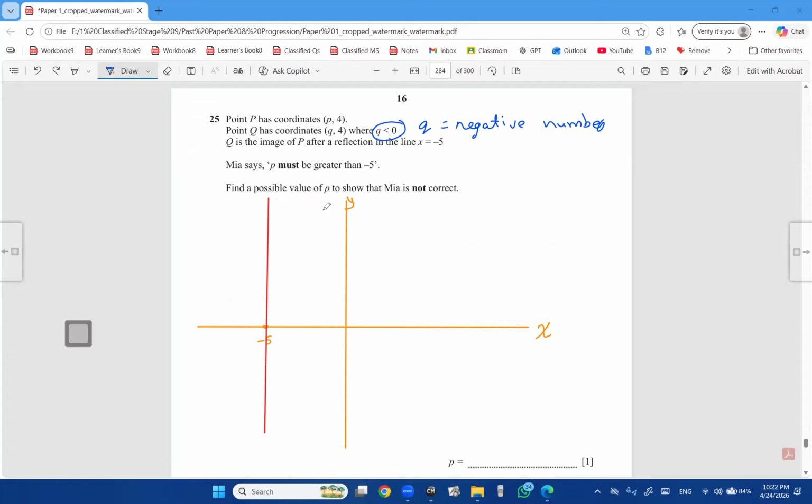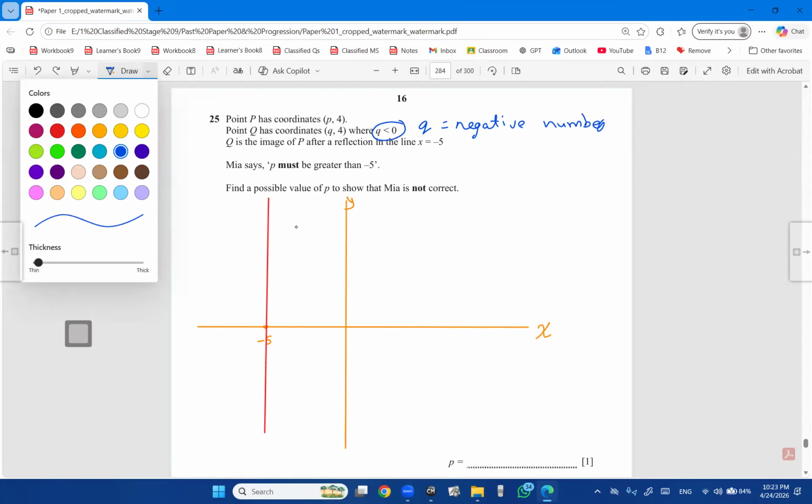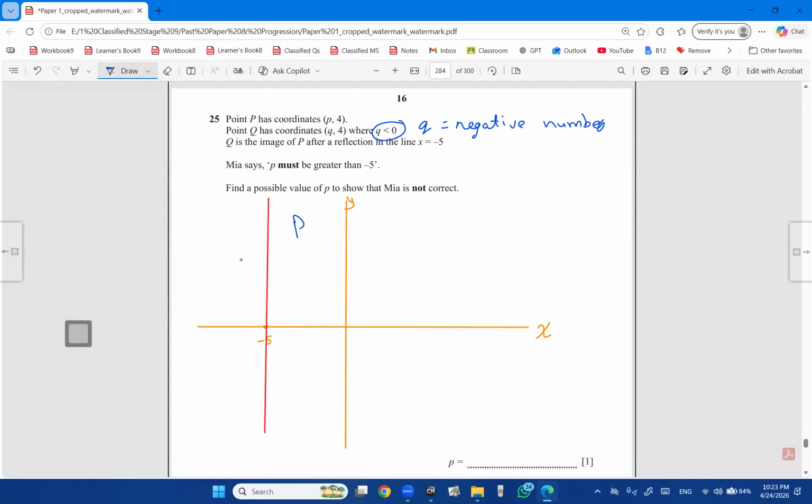They told me that Q is a negative number. For Q to be a negative number, Mia says P must be greater than -5, so she's saying that P must be somewhere over here.